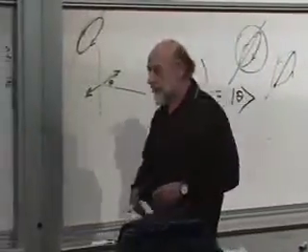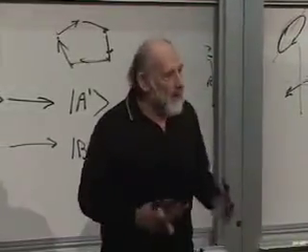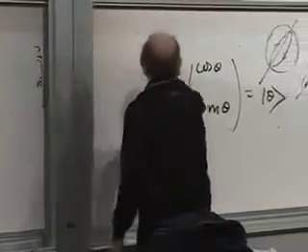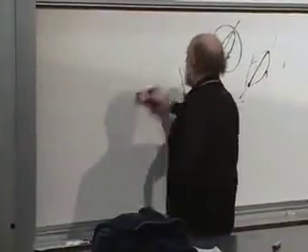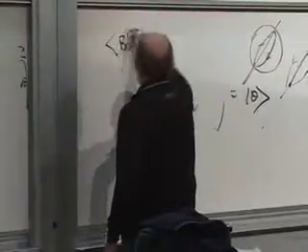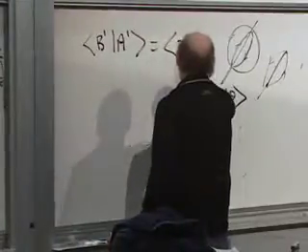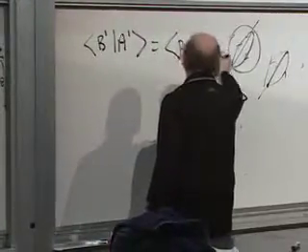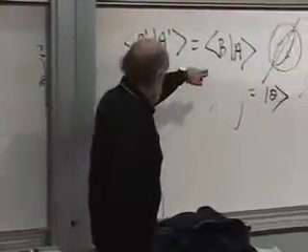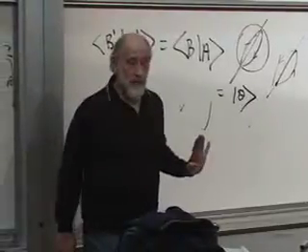The basic conservation of information idea, the basic conservation of distinctions or relationships between states, simply says that the inner product of B prime with A prime is the same as the inner product of B with A. In other words, for example, if A and B are the same state, then after they evolve, A prime and B prime will be the same.